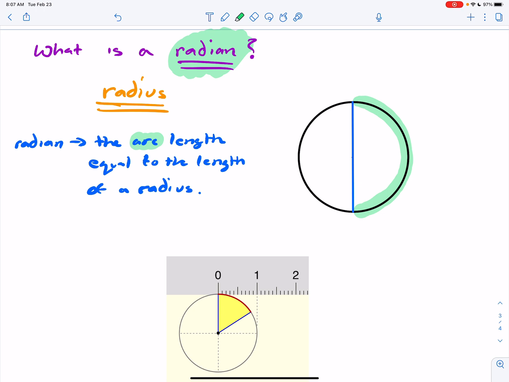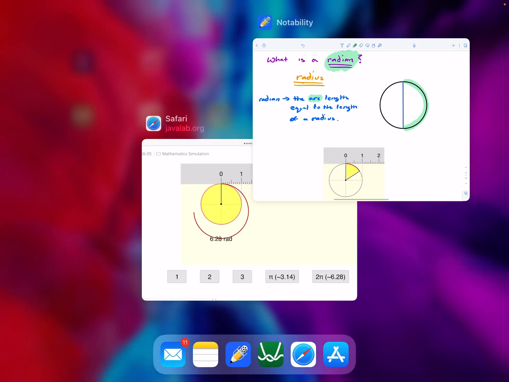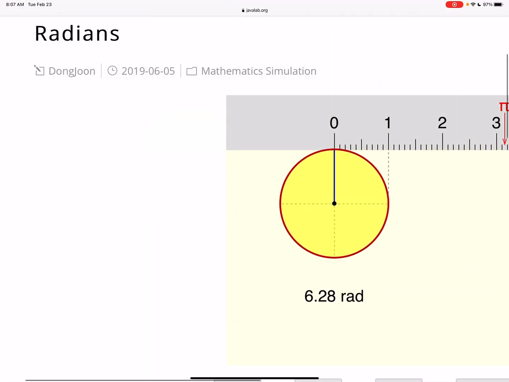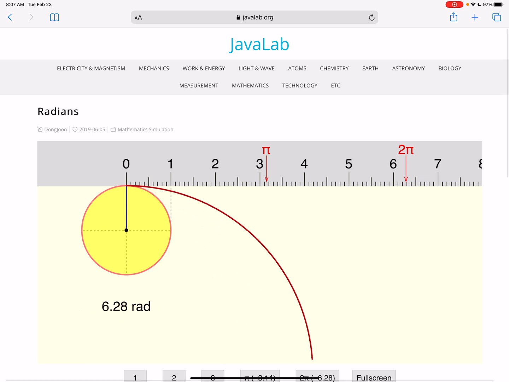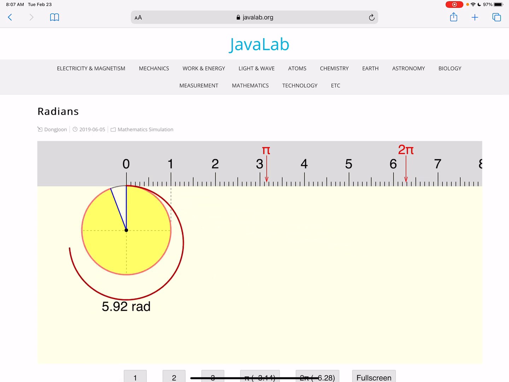How many radians did it take to complete half a circle? So I'll bring you guys back to this just so we can see. How many radians did it take to complete just half a circle? So just half. Okay? Notice how it takes about 3.14 radians, also known as pi. It takes about 1 pi radian to complete half a circle.